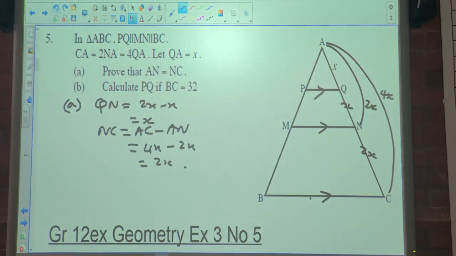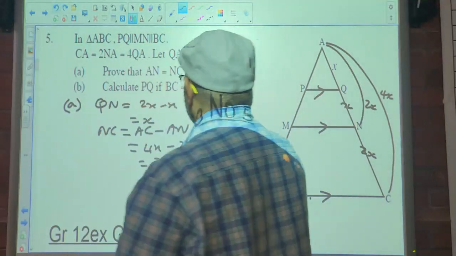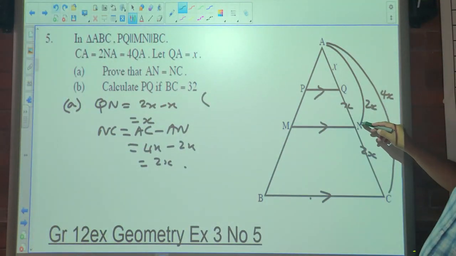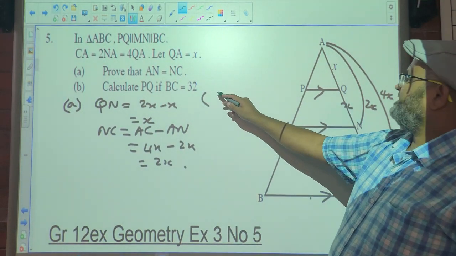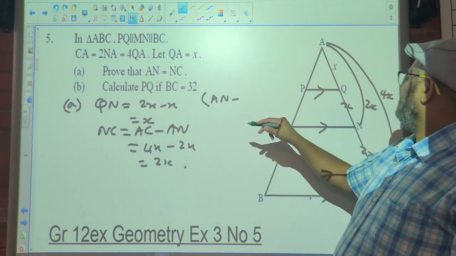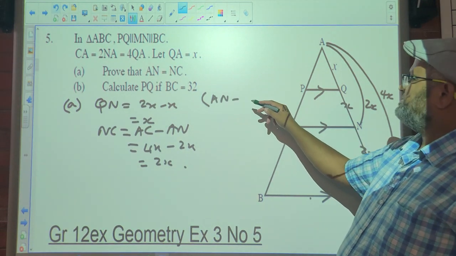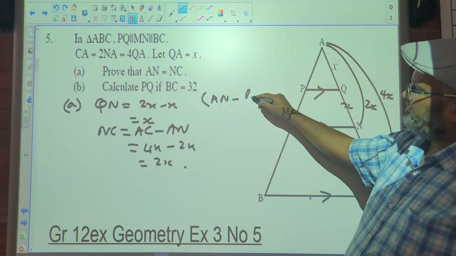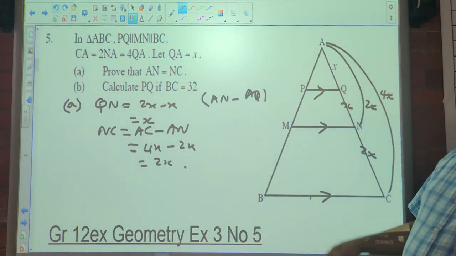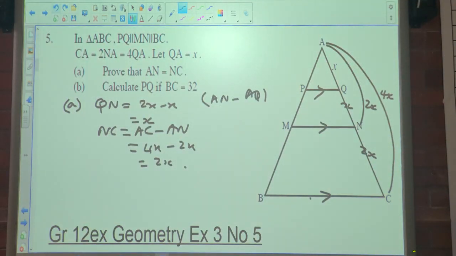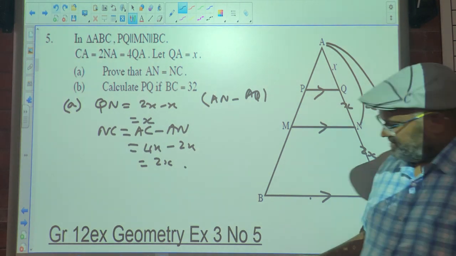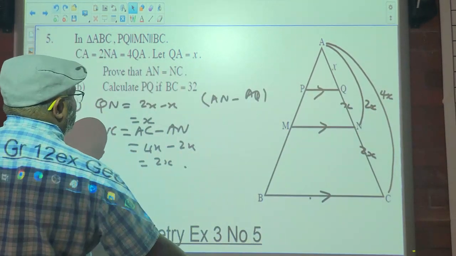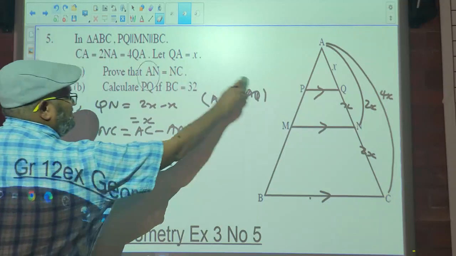I don't know how they expect you to write this out, as there's no Euclidean reason here. Otherwise, you could have written in the side QN is AN minus AQ if you wanted. But that's not the format they give it to you in.